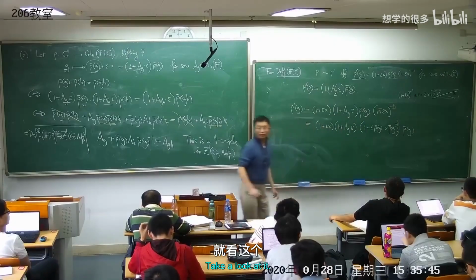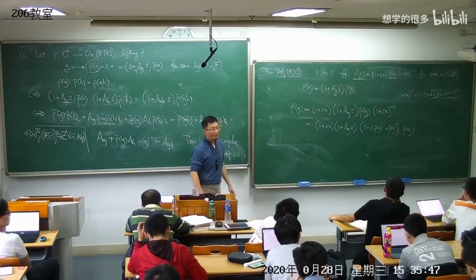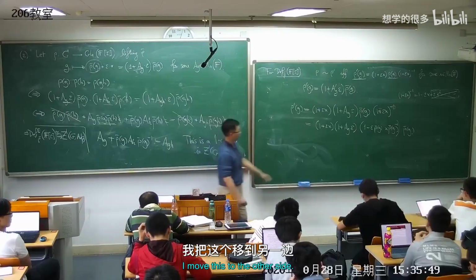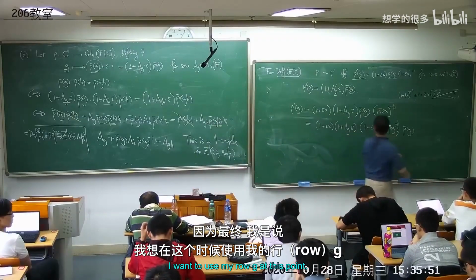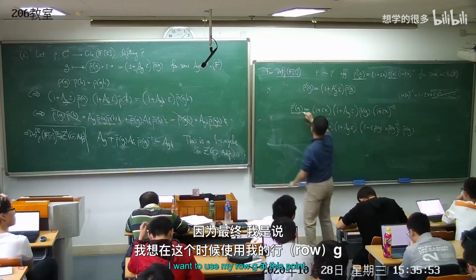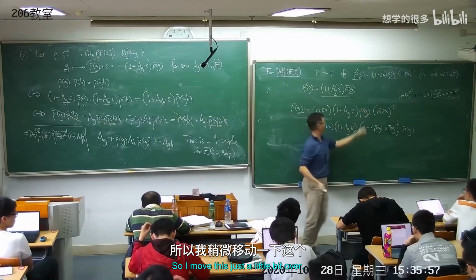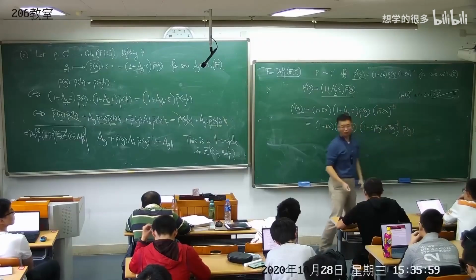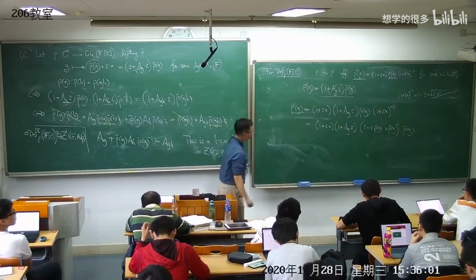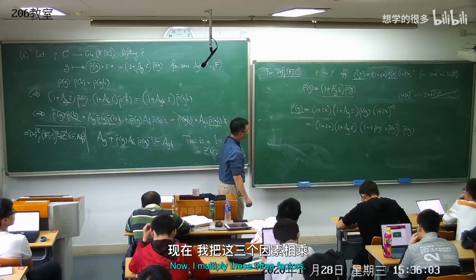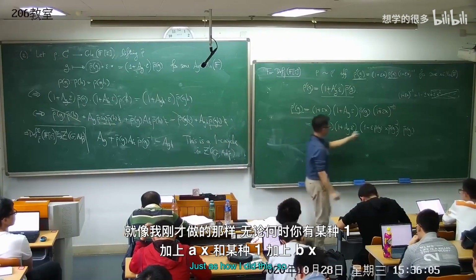Just take a look at it. I move this to the other side because eventually I want to write my rho prime G in this form, so my rho bar G is on the right side. Now I multiply these 3 factors, just as I did before.